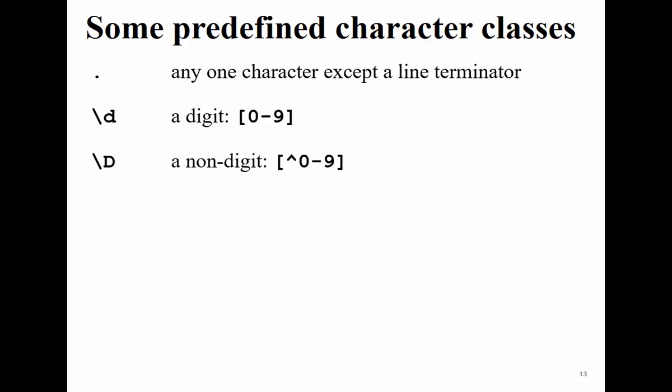You can think of these as a shorthand or shortcut to create a pattern quickly and make it more compact. You have backslash and D capital. In this case, you are looking for any non-digit characters.